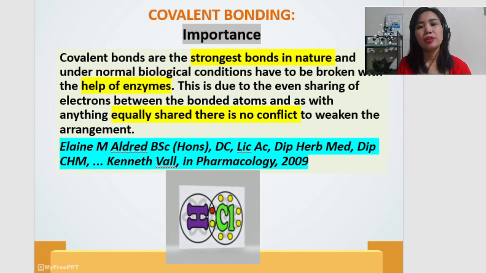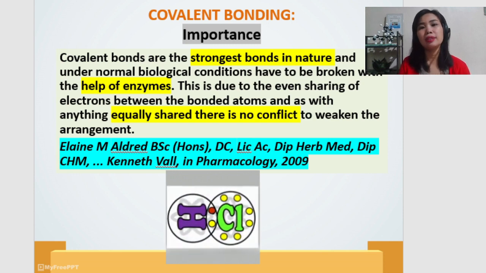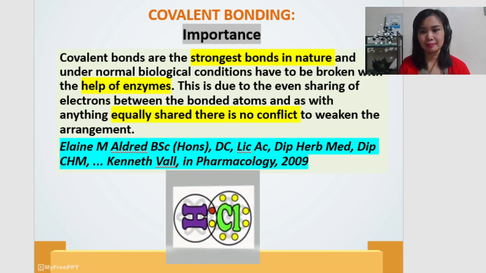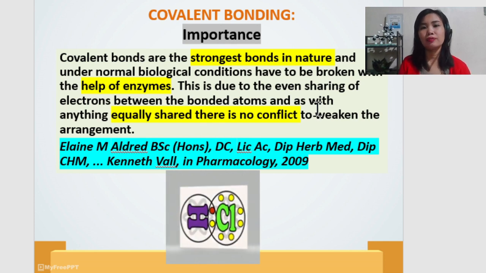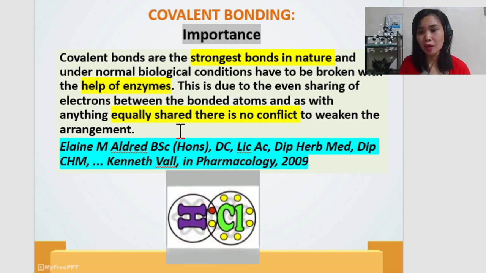Okay, so they're also known as the strongest bonds in nature. Okay, they can only be what? Broken with the help of enzymes. Okay, because of the even sharing of electrons between the bonded atoms, and as with anything equally shared, there is no conflict to weaken the arrangement.